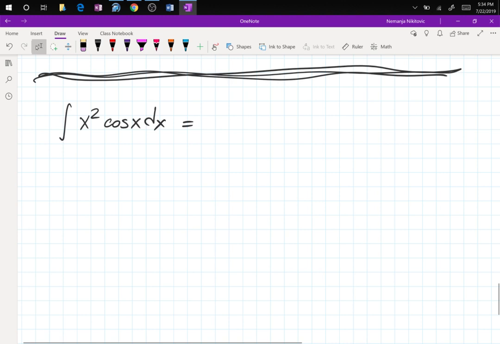Anyone? Yes. So u equals x squared and dv equals cosine x dx.